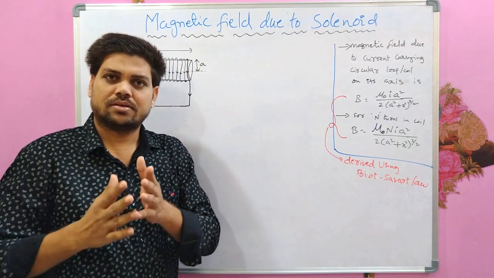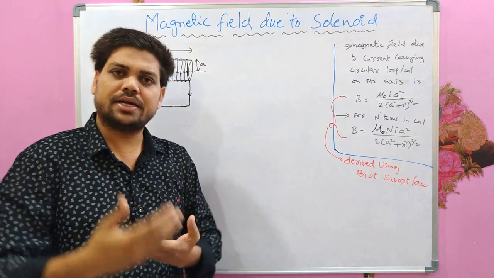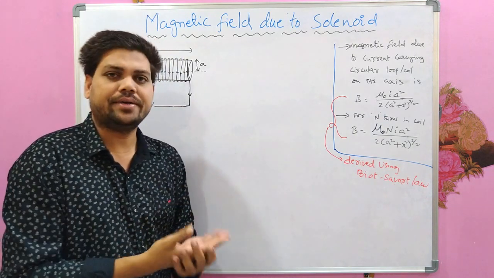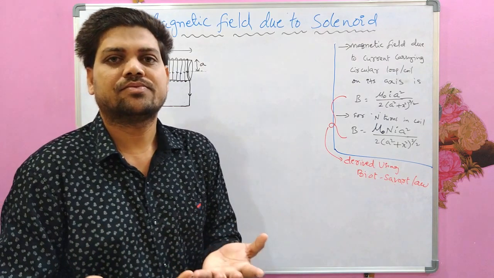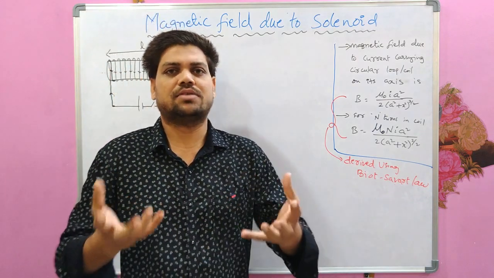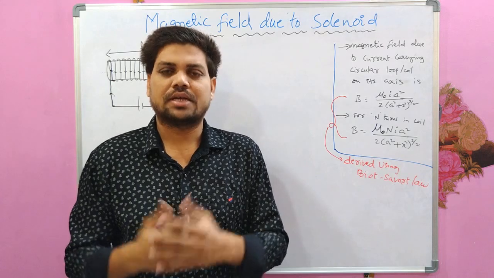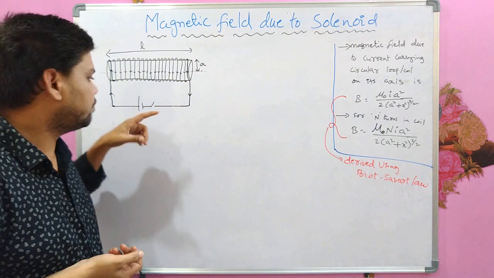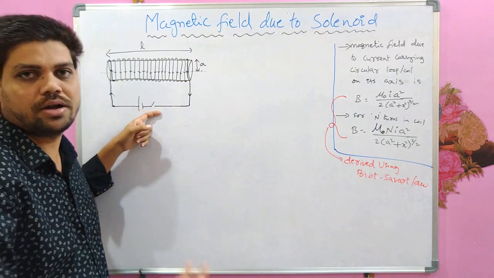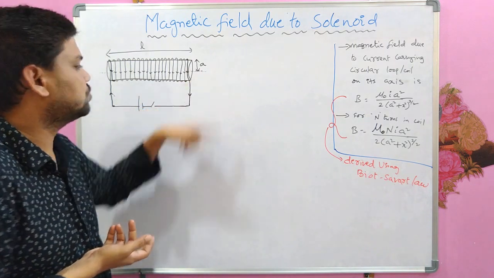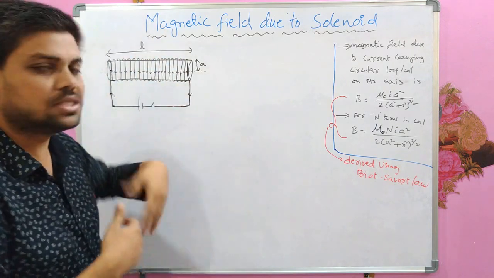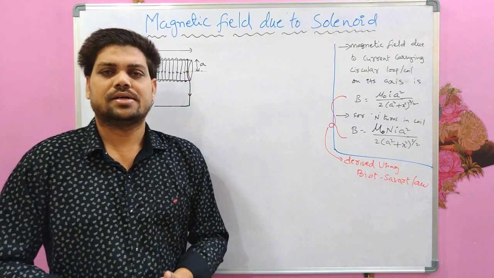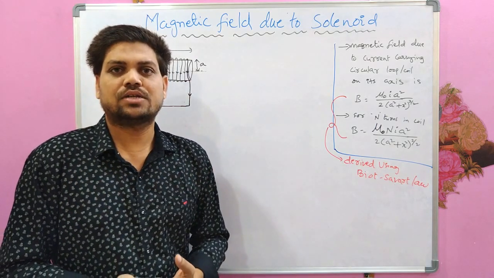Because if that is connected to a battery, some current will flow through it, and if some current is flowing through the solenoid, then we know that every current is a source of magnetic field, and similarly this will become a source of magnetic field if this switch is on. The current is flowing through this wire, through this solenoid, so definitely it would act like a magnetic field source.